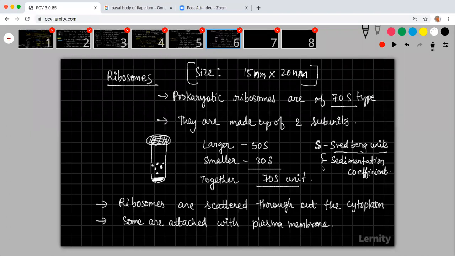Based on what I want, I can change the speed. When I am using 50 Svedberg units, I will be able to isolate the larger subunit. If I am using 30 S, I will be able to isolate the smaller subunit. If I use 70 S sedimentation coefficient, I will get whole ribosomes.